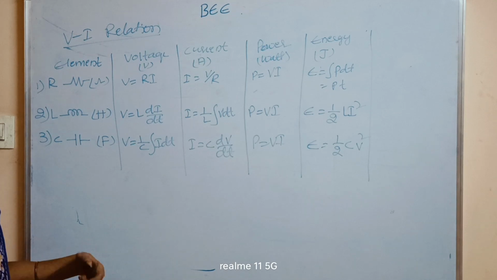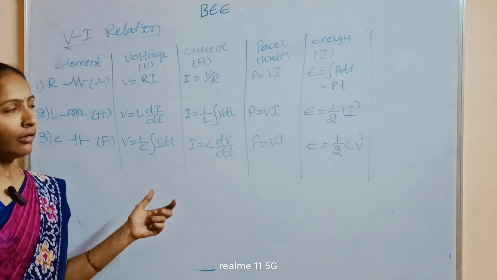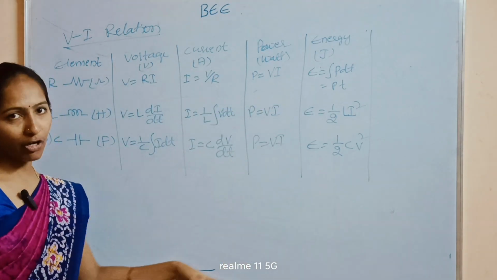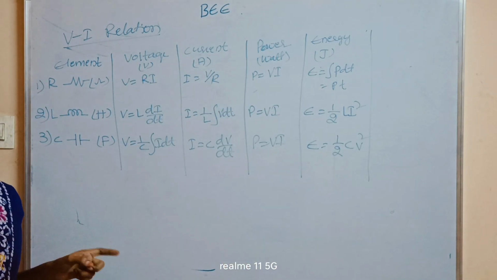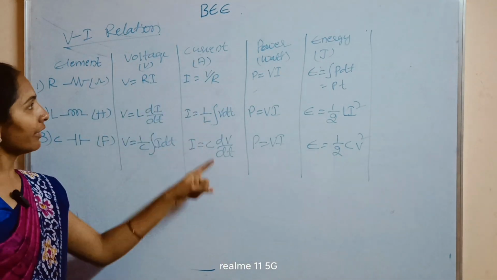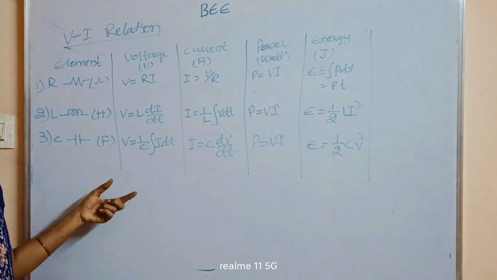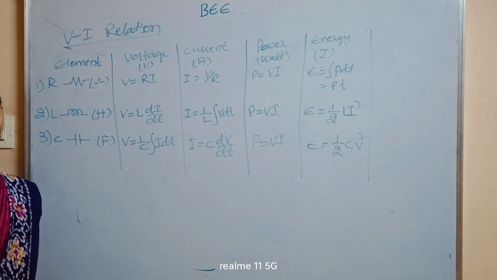Based on the previous formulas, we can write the voltage, current, power and energy of each passive element. Now, what is the final question they are asking?